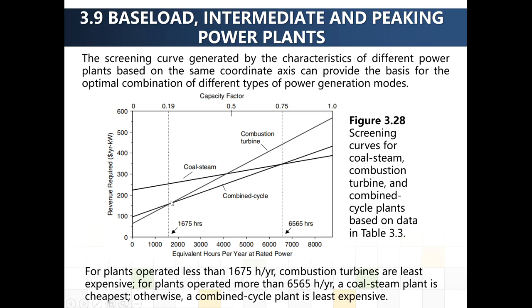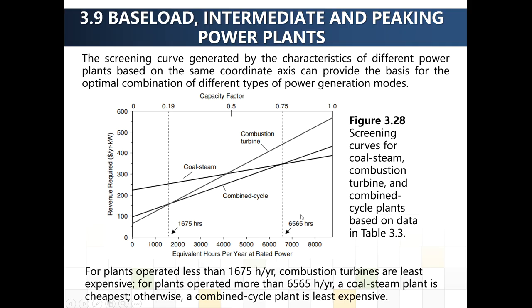This intersection shows that when the power plant operates less than 1,675 hours, the combustion turbine power plant has the lowest value. So the combustion turbine is the least expensive. So if it is operating less than 1,675 hours, then we prefer to use combustion turbine.